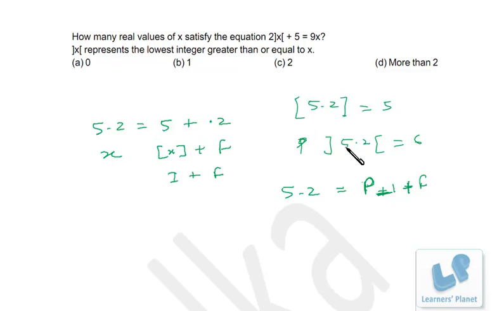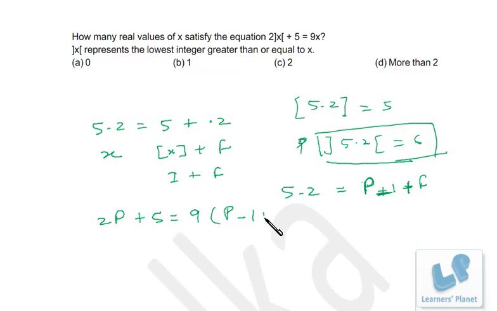but here in this case we will be using this one, because here this number is being used, that is lowest integer number, right? So I replace this bracket x to p, so 2p plus 5 is equal to 9, and x can be written as p minus 1 plus f, right?